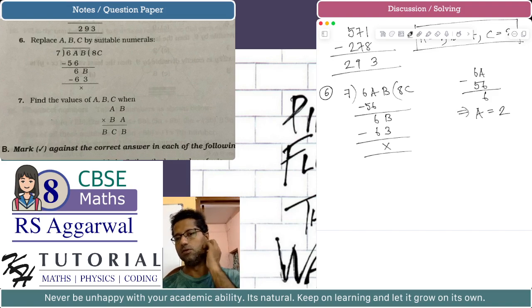The units digit of 2 minus 6 will be 6. So A is 2. Okay. Now, when 7 is multiplied with C, the result is 63. We can say that 7 multiplied by C is equal to 63.